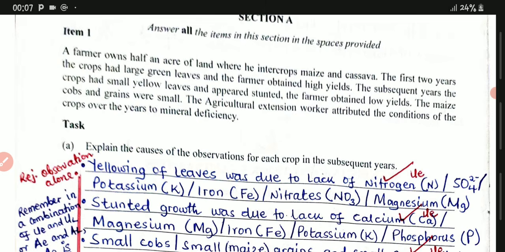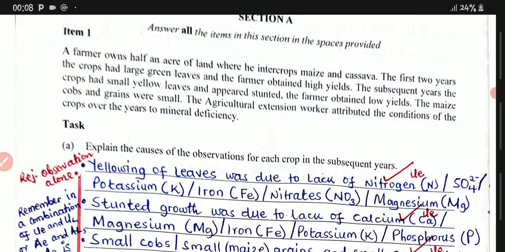They are saying a farmer owns half an acre of land where he intercrops maize and cassava. In the first 2 years, the farmer had large green leaves and obtained high yields. In the subsequent years, the crops had small yellow leaves and appeared stunted.